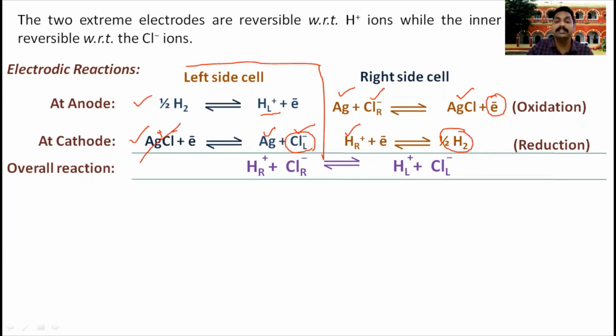AgCl will be cancelled, Ag will be cancelled, H2 and H2 will be cancelled, and the remaining we have H plus on right hand side plus chloride on right hand side to produce H plus on left hand side and Cl minus on left hand side, which means it looks like HCl from right hand side moves to HCl on left hand side.